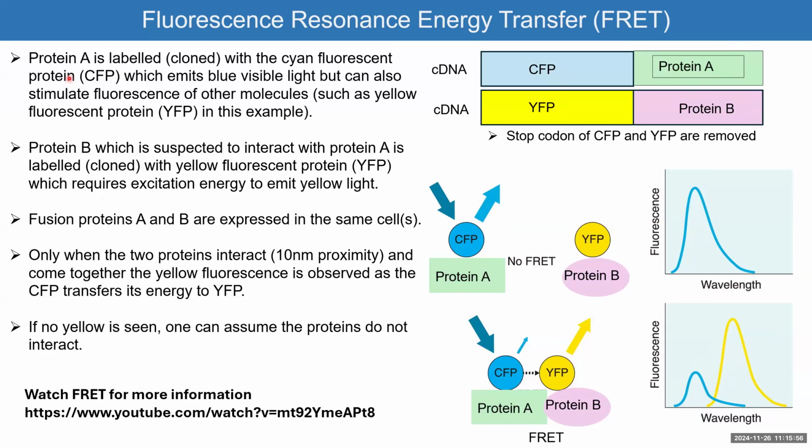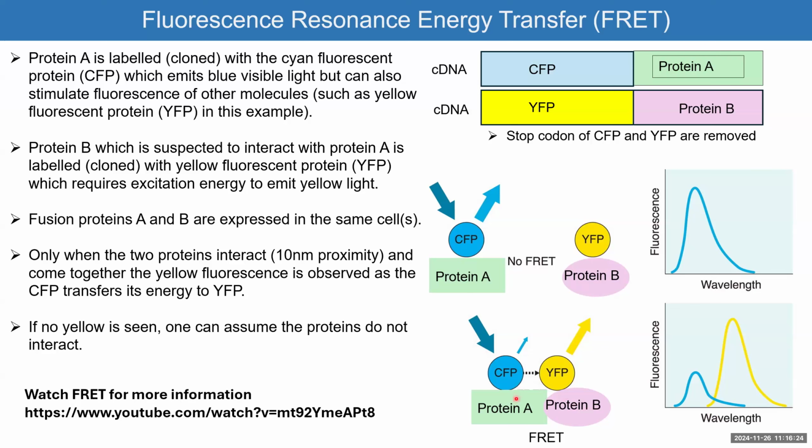So first, I have to generate these fusion proteins. Second, I have to express those fusion proteins in the same cells. And third, I will check if I excite the higher energy fluorophore, would it give me only the emission for the blue, or would it give me little for the blue and a lot for the yellow?